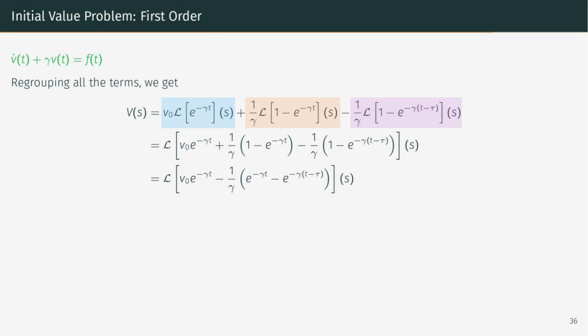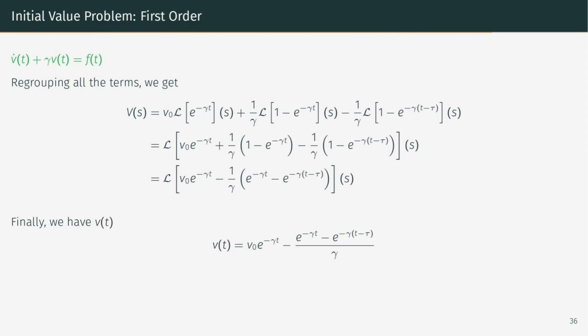This can then be simplified to the Laplace transform of v0 e^(-gamma t) minus 1 over gamma times (e^(-gamma t) minus e^(-gamma (t minus tau))).